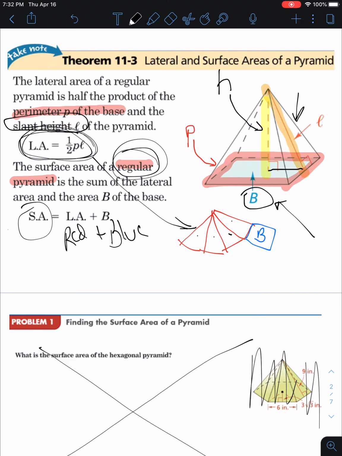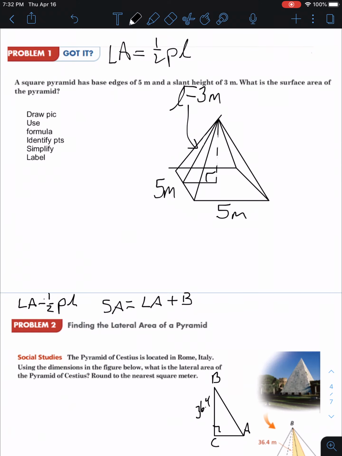P is this red line all the way around the base, the exterior, or the fence around the base, if you will. It's the perimeter. And L is the slant height, as we said earlier. So LA is 1/2 times P times L, whereas surface area adds the LA plus the base.